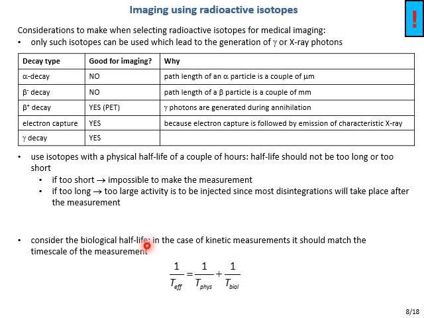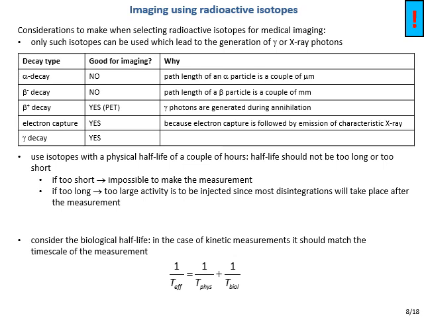And the final thing you have to consider when selecting isotopes for imaging is the biological half-life, because the biological half-life must match the time scale of the measurement, for reasons very similar to the considerations we made regarding the physical half-life.